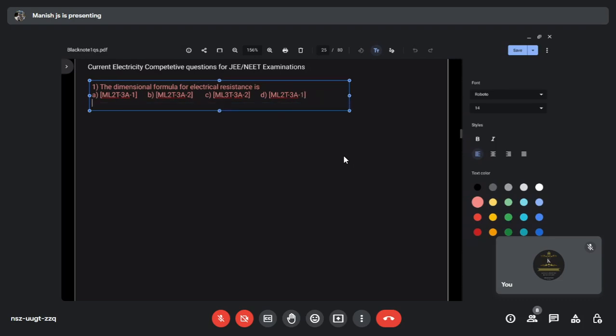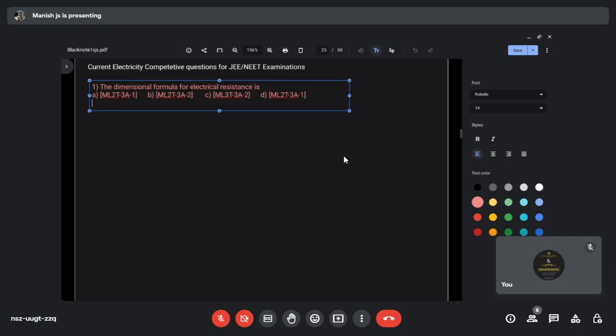Okay. How do you say option B? Sir, the dimensional formula of current is ampere, sir, A. Then the potential difference formula is M L power 2 T power minus 3 A power minus 1, sir. Okay.